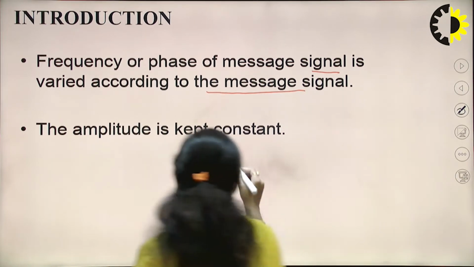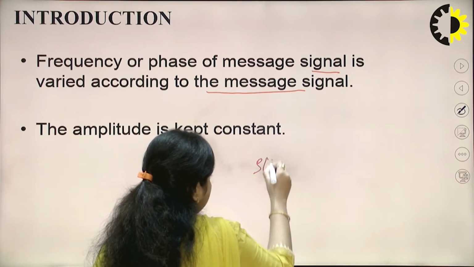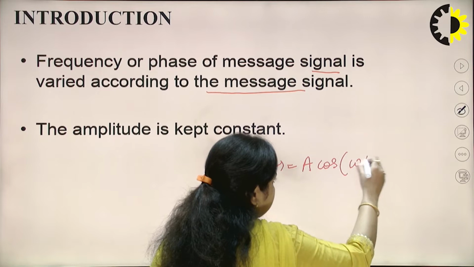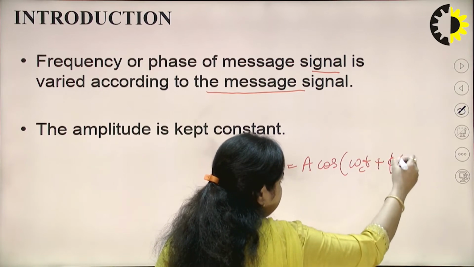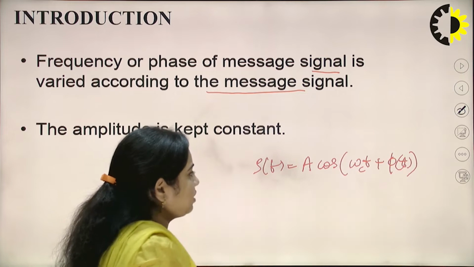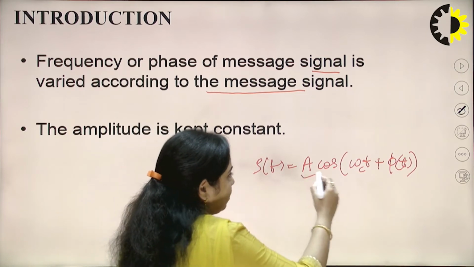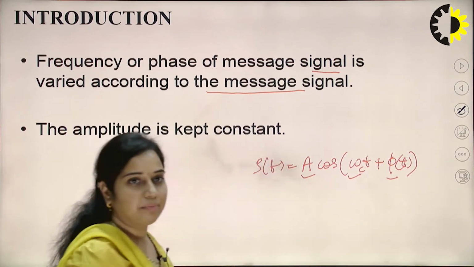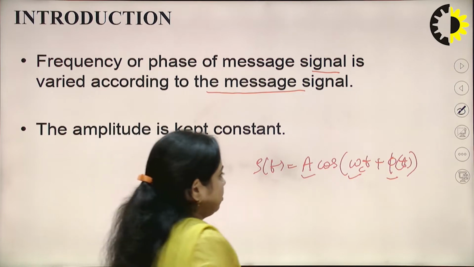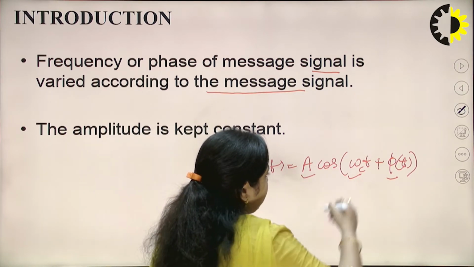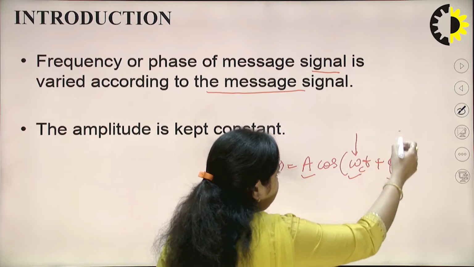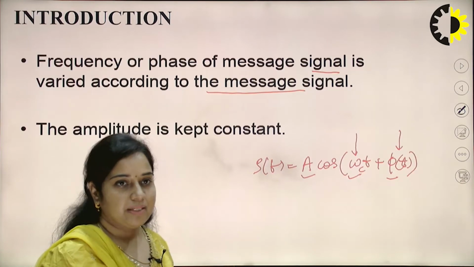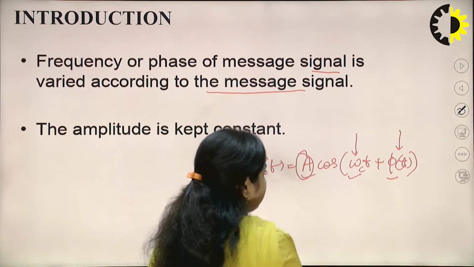Take an example of a signal s(t) equals A cos(omega c t plus phi(t)). In this equation there are three parameters: the amplitude, the carrier frequency, and the phase angle at time instant t. In angle modulation, we change either the frequency or the phase of the signal in proportion to the amplitude of the message signal, and the amplitude has to be kept constant.